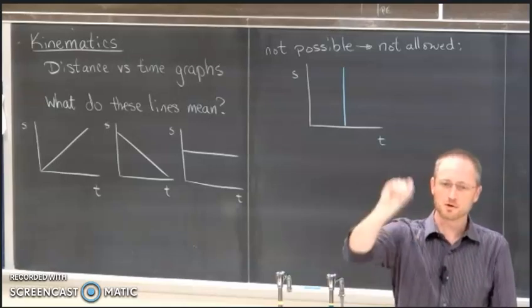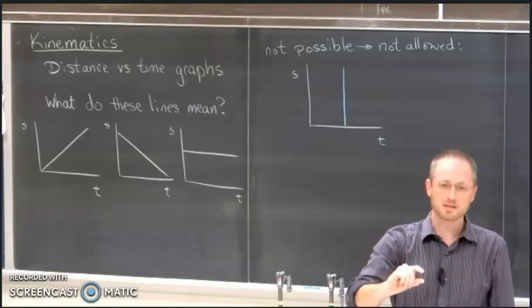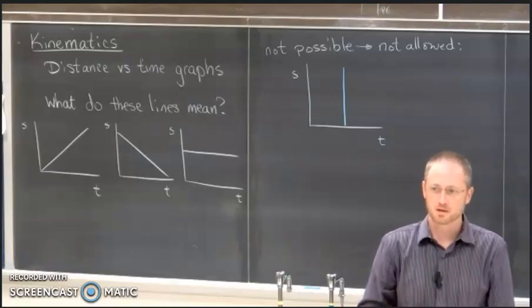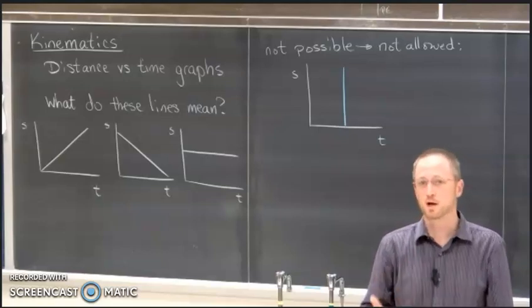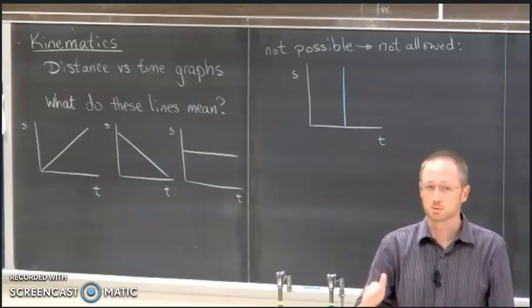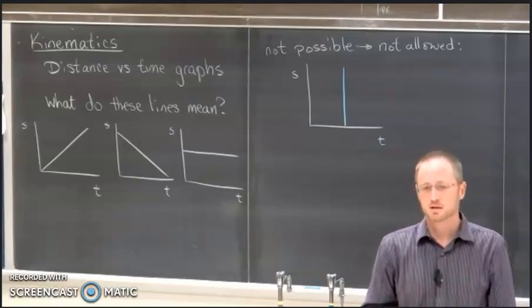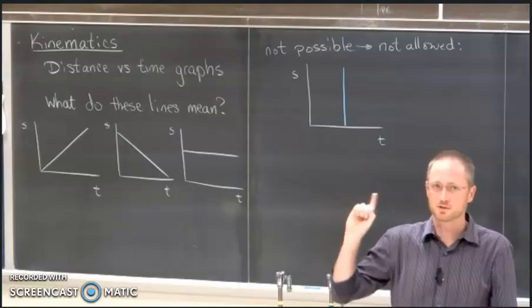So if you have a vertical line, like I have on the right-hand board behind me, that means that you are in multiple positions at the same instant of that reading on your stopwatch. I can't do that, and I don't know anybody else who can do it, not even my wife, and she's really good at being in multiple places doing multiple things, but she can't do them at the same instant. So you should never see a vertical line graph when we're talking about distance versus time.